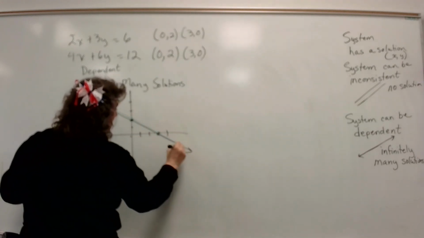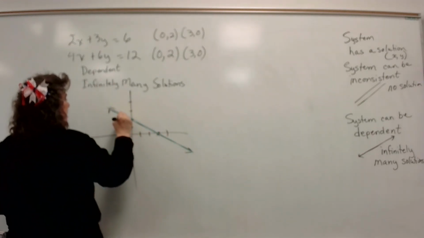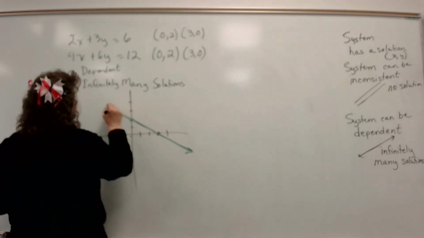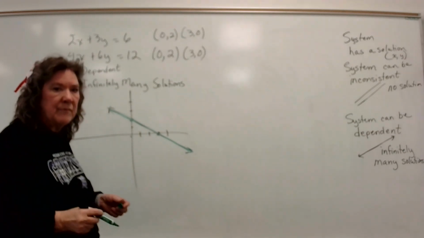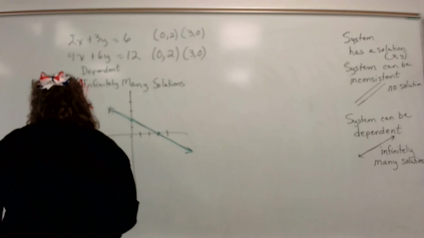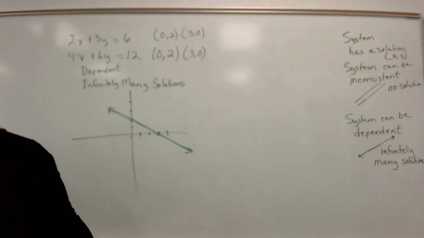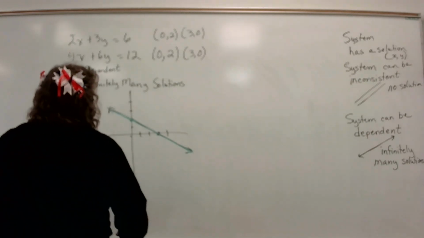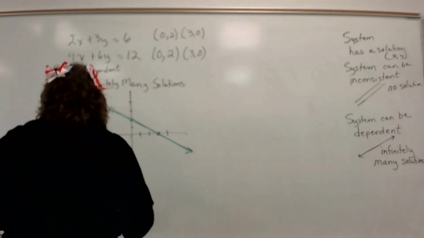And there's my second line on top of it. Didn't get it drawn very well, but the two lines are on top of each other. All right? So that is your dependent solution, infinitely many. We'll do the other kind when we run into it.